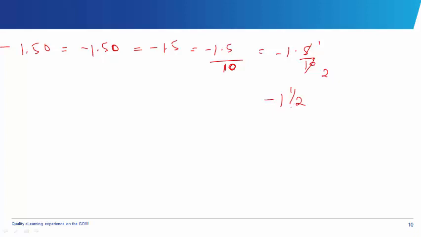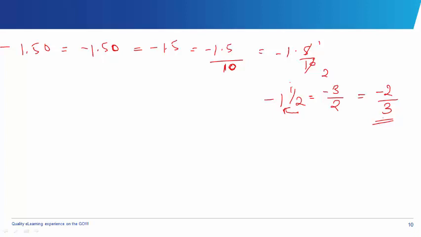Okay, so when you convert this to an improper fraction, 2 times 1 gives you 2, and 2 plus this 1 gives you 3. So it's same thing as saying minus 3 over 2. So now the inverse, when you turn it upside down, becomes minus 2 over 3. So this is our multiplicative inverse.